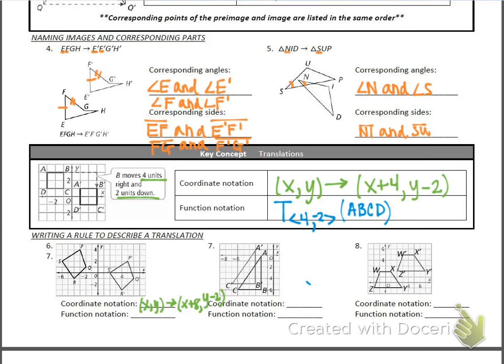This is a translation, so big T. You're going to use your little pointy brackets. And we went 8 units in the positives, so that's going to be 8 comma negative 2 of, big parentheses, PQRS. If you did a different order, that's okay.